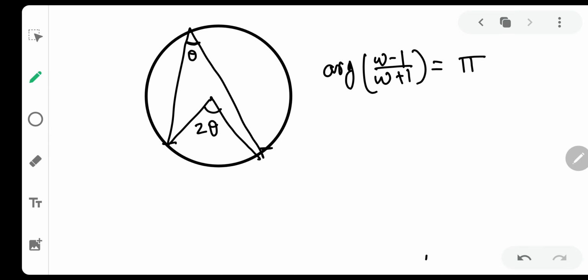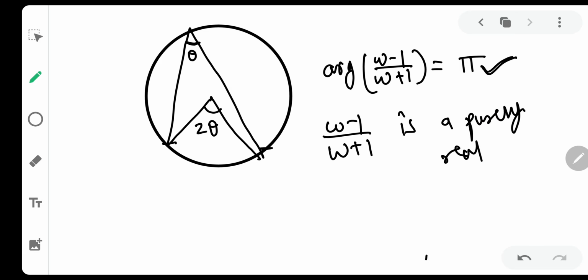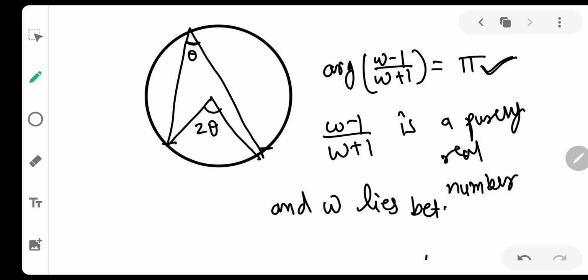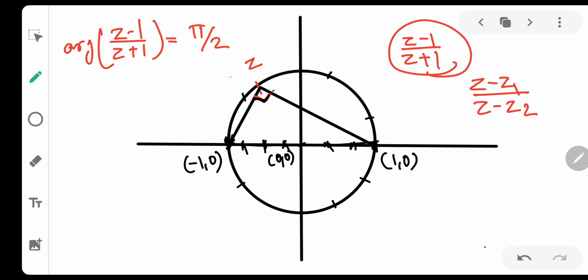What that means is that this argument is pi, (omega − 1)/(omega + 1) is a purely real number, and omega lies between (−1, 0) and (1, 0). So omega could be literally any value between (−1, 0) and (1, 0).